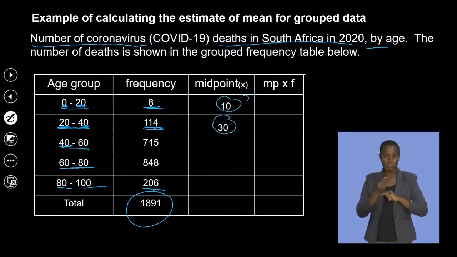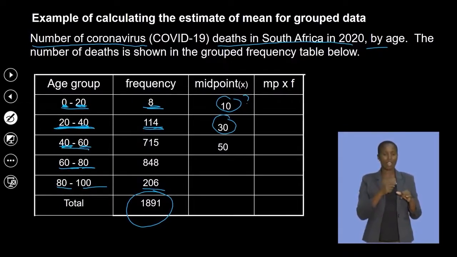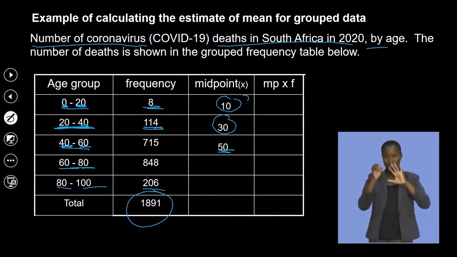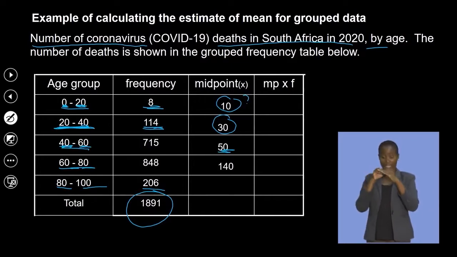That's the midpoint for this interval. For the next interval, 40 plus 60, which is 100, divided by 2, we get 50. 60 plus 80 divided by 2, you get 70. And 80 plus 100 divided by 2, we get 90.